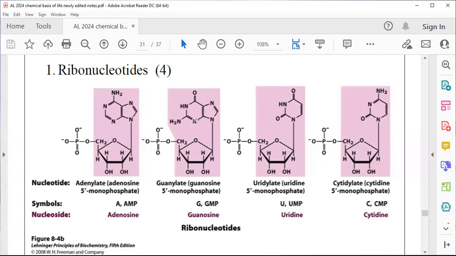There are 4 ribonucleotides. Actually, these 4 ribonucleotides are different from each other due to their nitrogen bases.